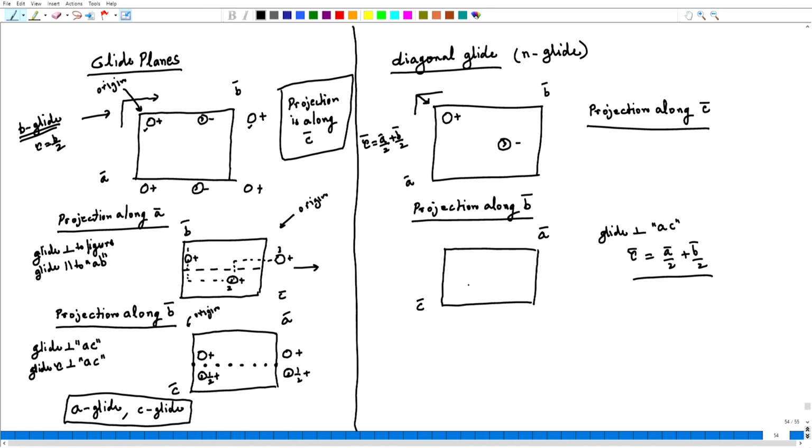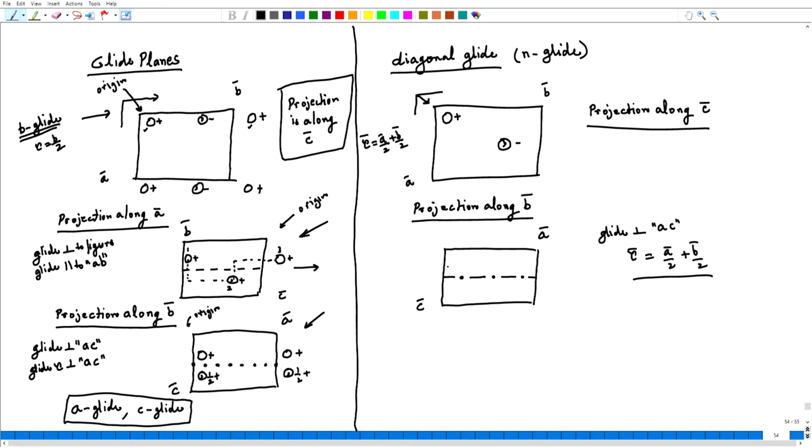So, it is in between the dashed line and the dotted line: dotted line perpendicular, dashed line parallel, it is in between. So, what we do is we draw a glide with dashes and dots to indicate a glide plane in this manner.